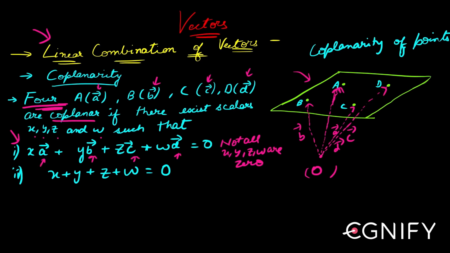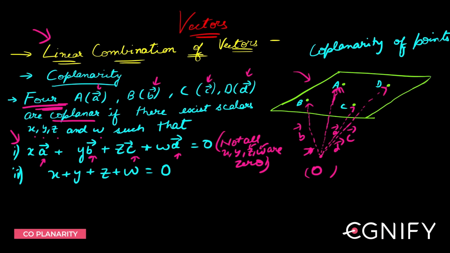So I'm taking a linear combination of these 4 position vectors, these 4 pink position vectors that you see. And what does this statement mean? This linear combination is 0 with not all of them being 0 at the same time. That means there is a non-zero x, y, z, w combination possible, right? Fine, one of them might be 0, 2 of them might be 0, but not all of them can be 0, right?